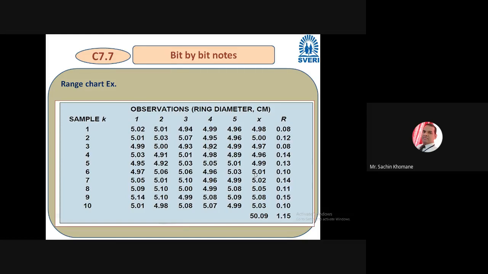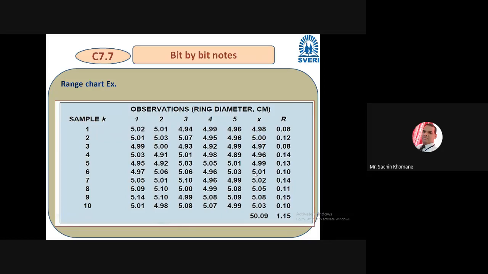And what is the smallest reading? 4.94. So what is the difference between these two? 0.08. Just calculate.